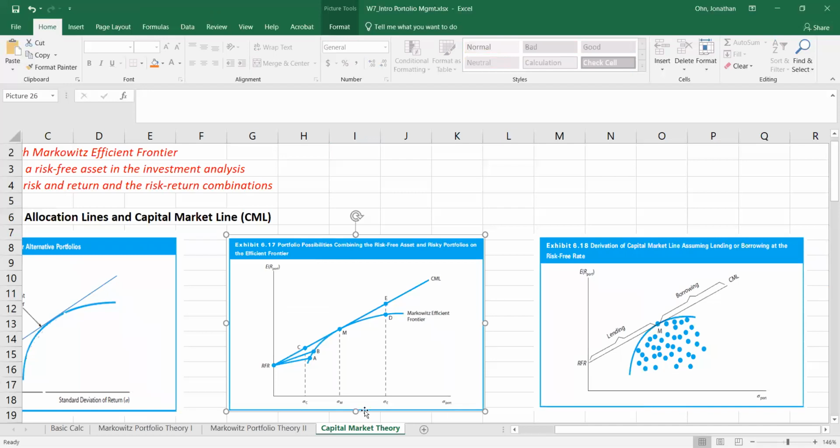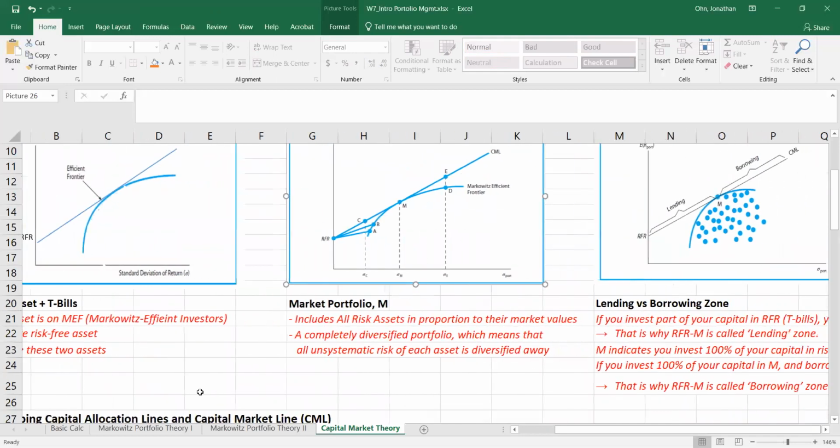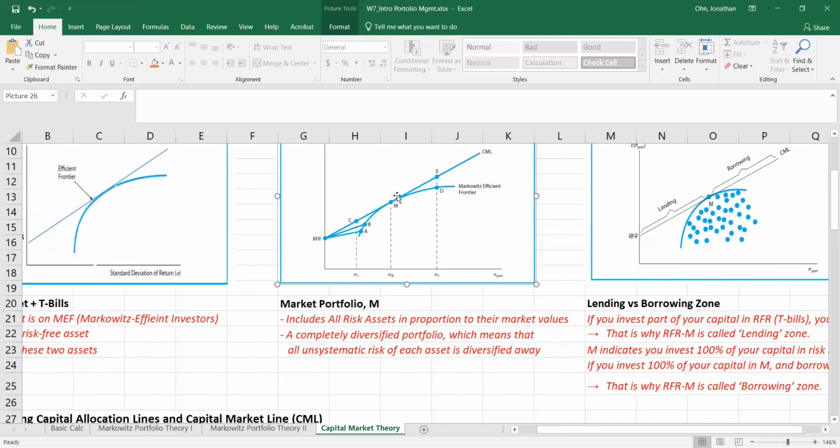Let's look at this one here. So here is the market portfolio. This M, the most dominant risky asset portfolio, is called, by definition, the market portfolio. The definition of the market portfolio is that it is a comprehensive portfolio that includes all risky assets in the market, in proportion to their market value.